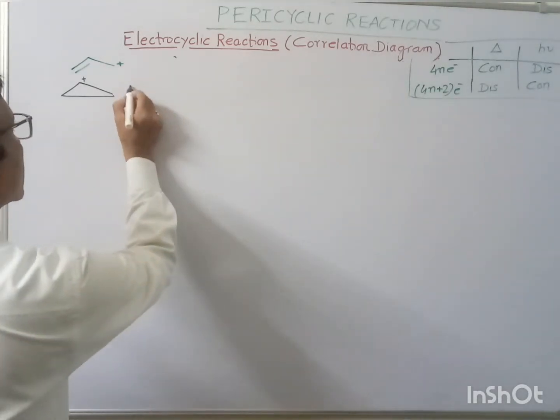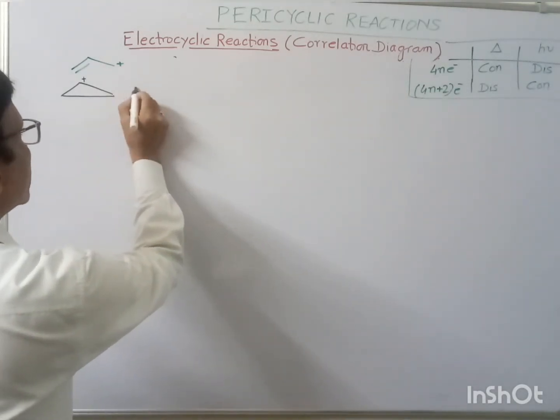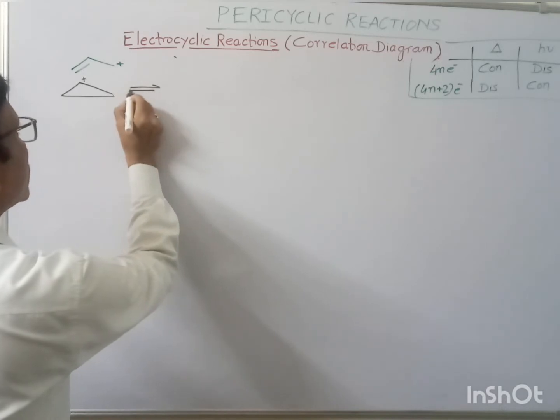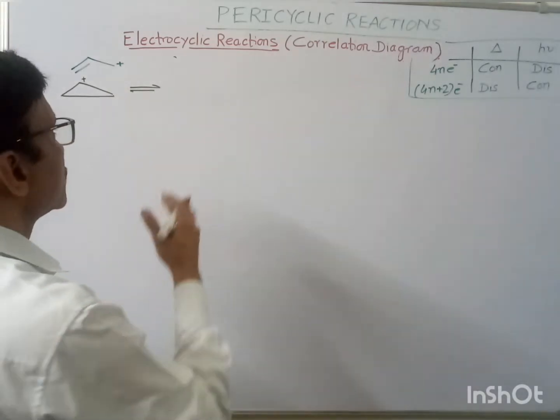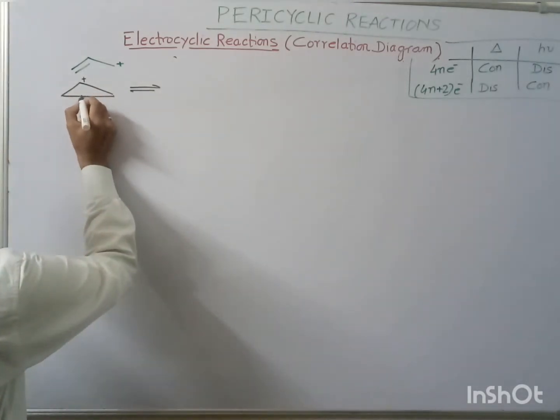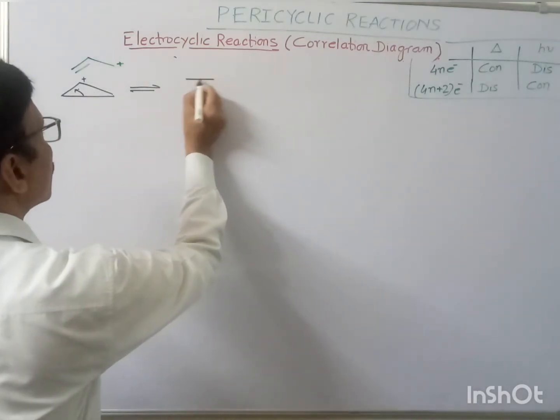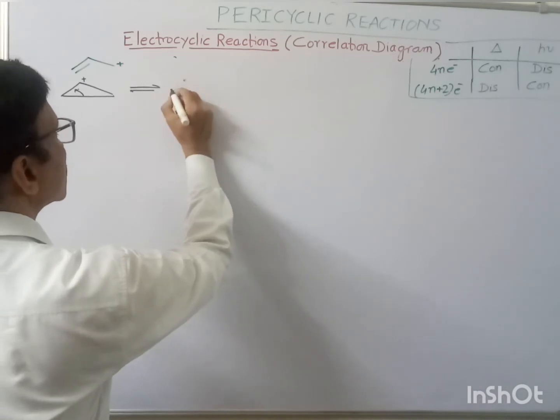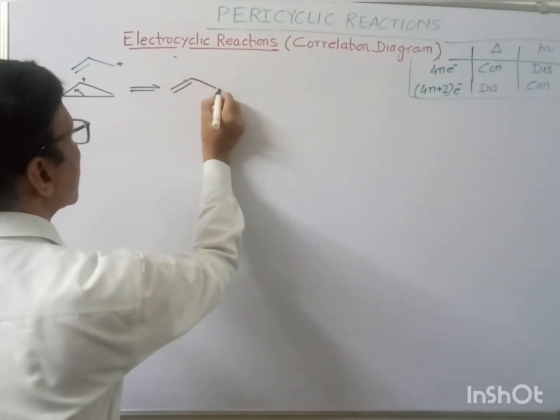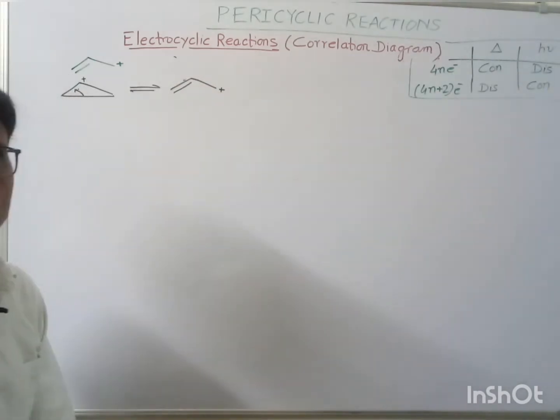this is the cyclopropenyl cation, and this cyclopropyl cation in the presence of either heat or light will open, and it will form the allylic cation. So this allylic cation is formed.